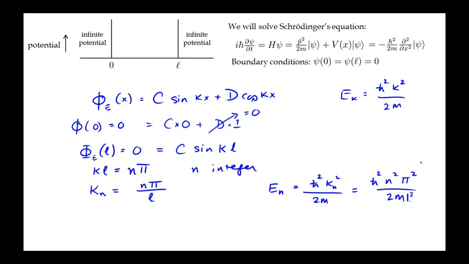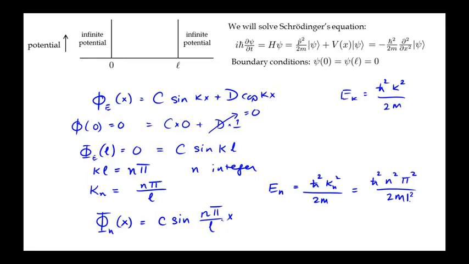And what do our eigenfunctions look like? Well, phi sub n of x is just c times sine k sub n x, which is n pi over L times x. Okay, so are we quite done?